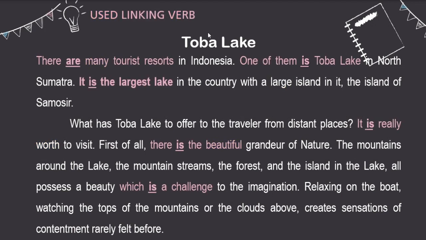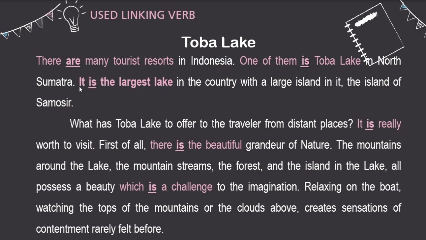And the last is use linking verb. A linking verb links the subject to its predicate. These purple sentences are the use of linking verb in this text. Pay attention to the word that I underline. It is the largest lake.